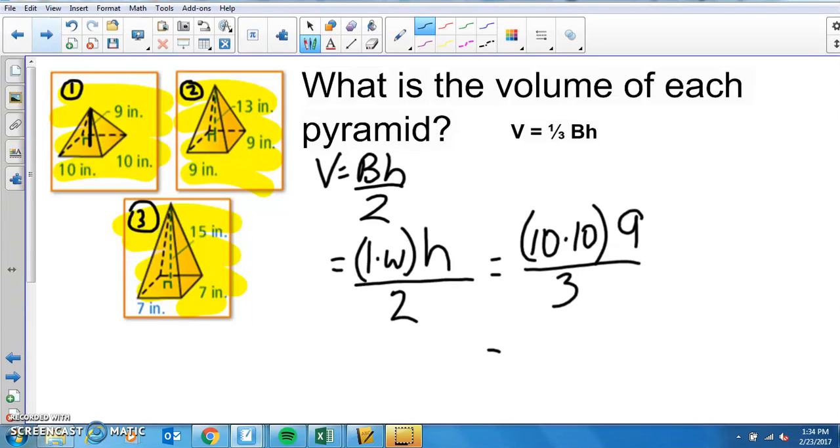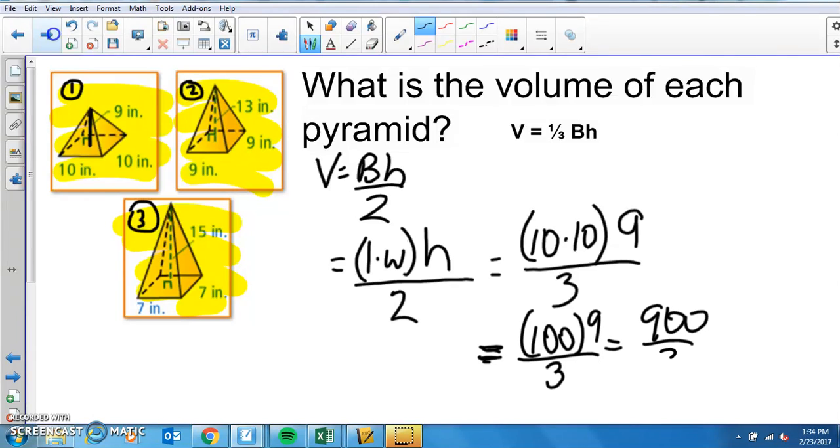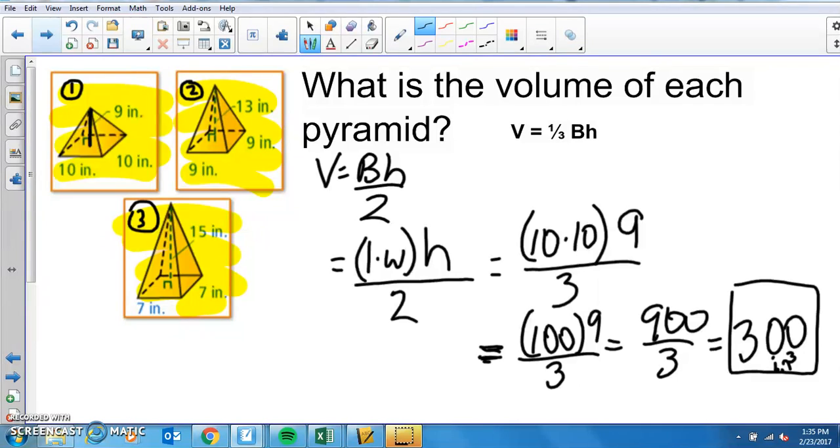This is one that's kind of easy you can do in your head. All right, we got 10 times 10, which is 100. 100 times 9 is 900. And then 900 divided by 3 gives you 300. So that would be our volume, 300 inches cubed. So if you will take care of number 2 and number 3 here.